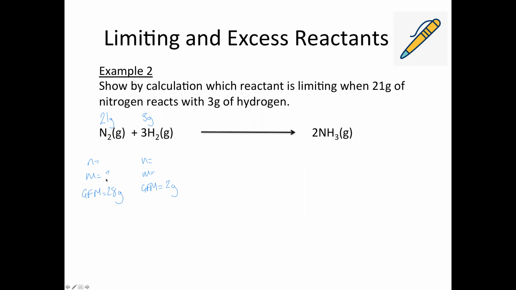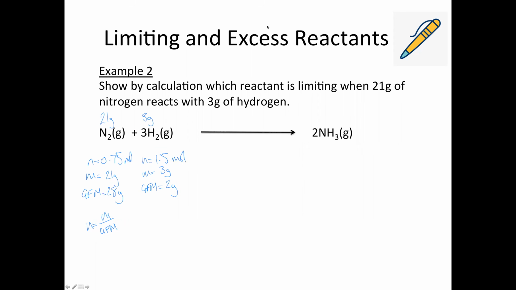If you use the n = m/gfm relationship to work out the number of moles for both of these, you should find you have 0.75 moles of nitrogen and 1.5 moles of hydrogen.